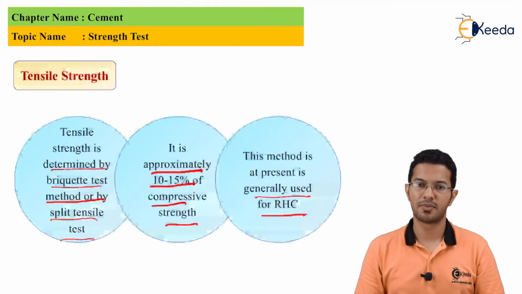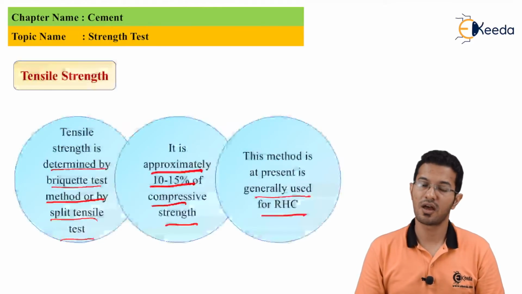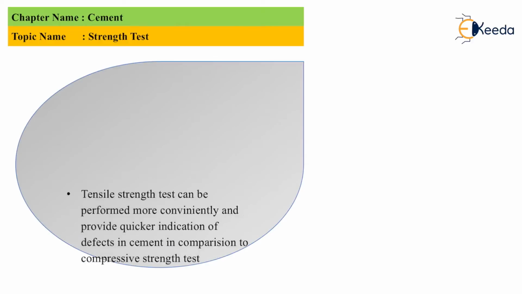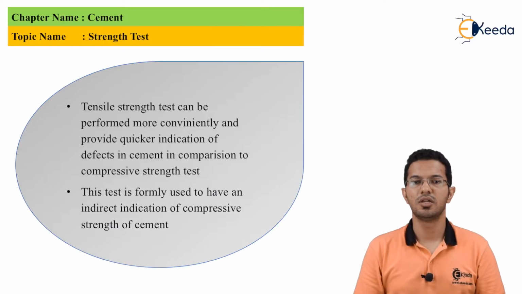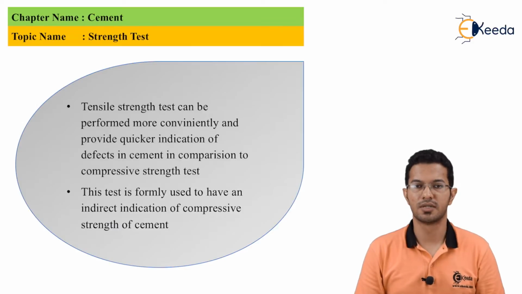This method at present is generally used for RHC. The tensile strength test can be performed conveniently and provides a quicker indication of defects in cement in comparison to the compressive strength test. This test was formerly used to have an indirect indication of the compressive strength of cement.